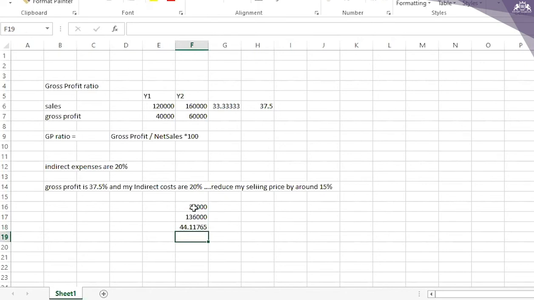So this is how you can use your gross profit ratio to determine whether you will be able to sustain in the market or not.